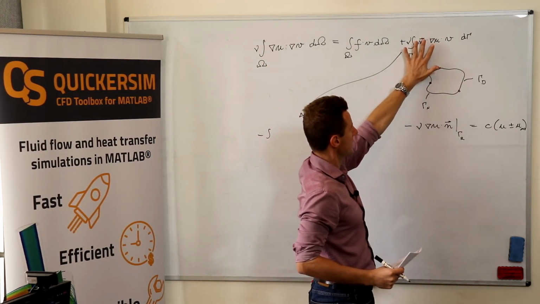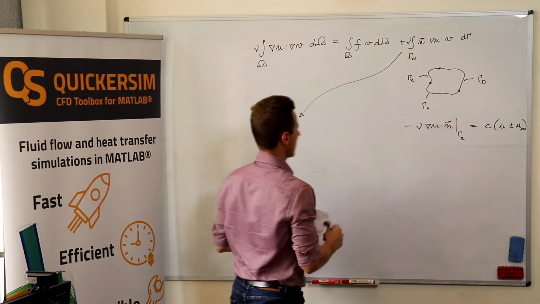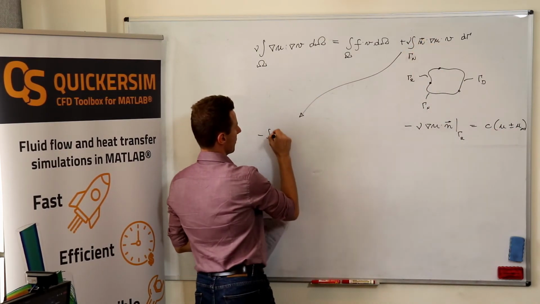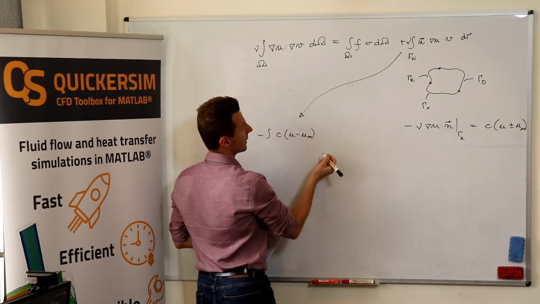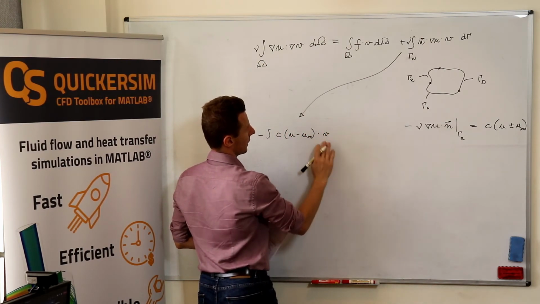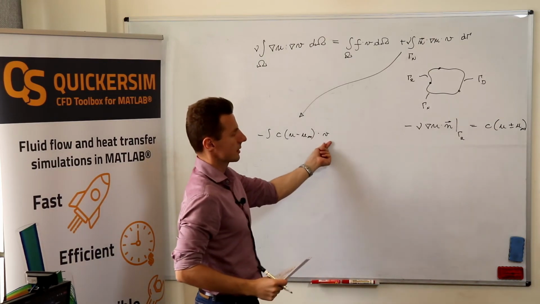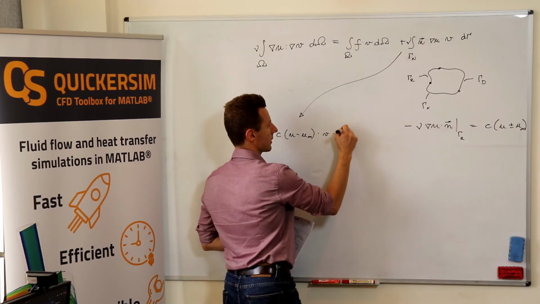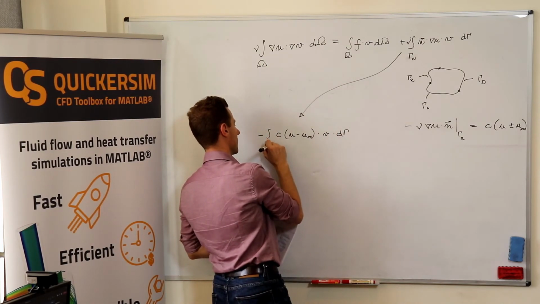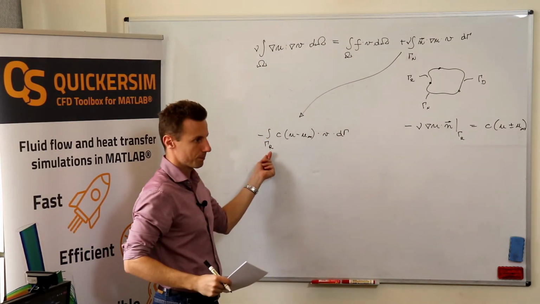Here it's the same. We need to enter this formula. It's Cu minus U infinity times the test function at the boundary and integrated over the boundary, the Robin boundary. Okay?